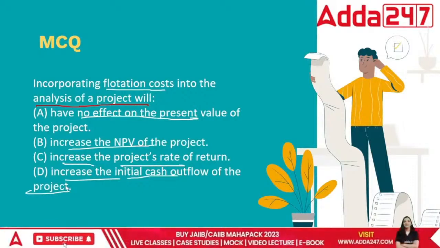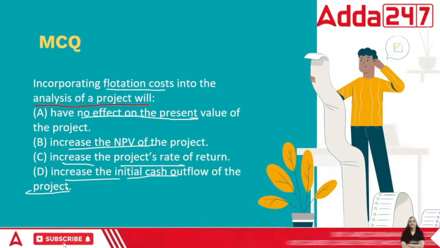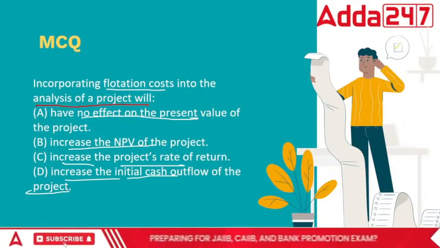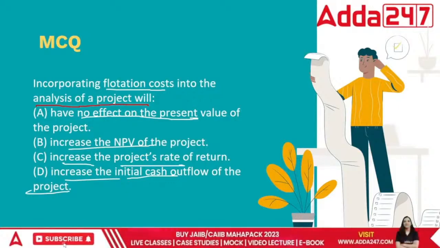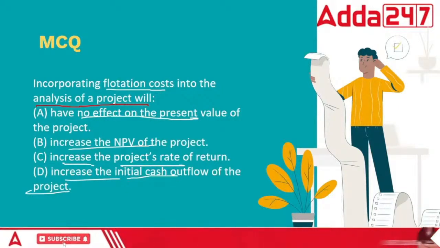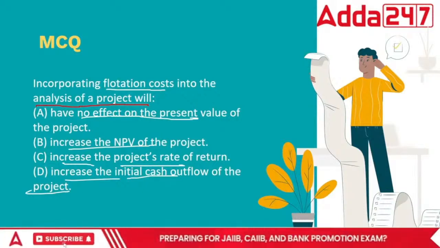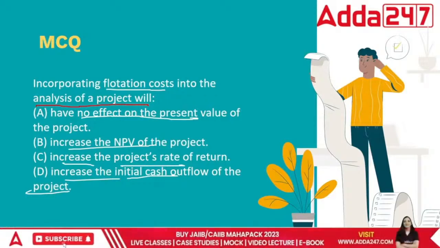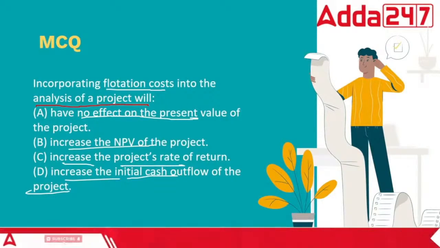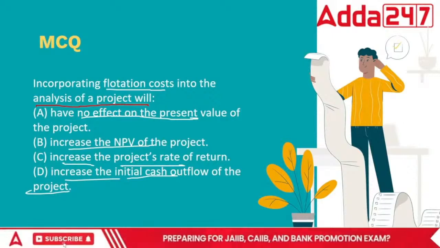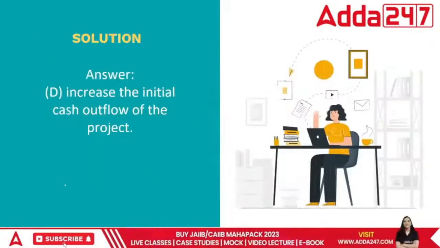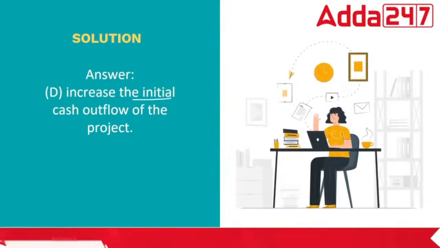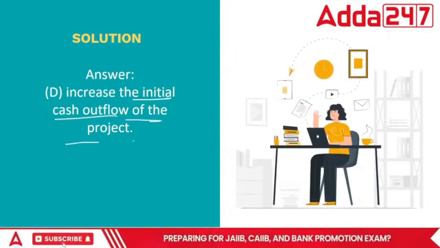See, flotation costs are required when we are trying to raise money. That means earlier maybe I was thinking to spend 10,000 rupees, now I have to spend way more than that, isn't it? So in this case, the correct answer would be an increase in the initial cash outflow of the project.